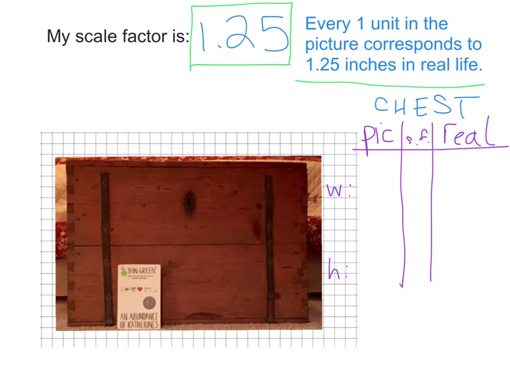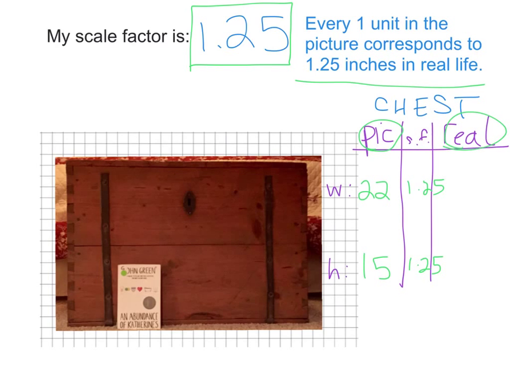I've again created a chart to help us understand how to use scale factor. So first, I'm going to compare the picture to the real world using our scale factor of 1.25 for the width and the height. So the width in units for the picture, I counted it up and it's around 22 units, and the height is around 15 units.